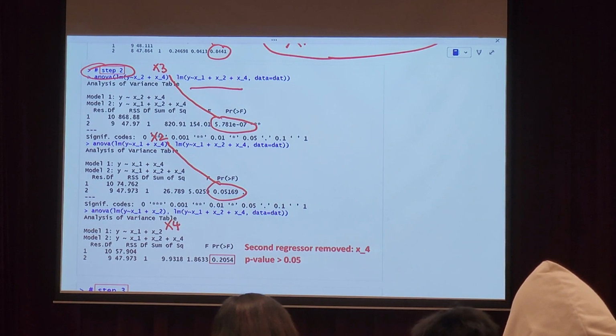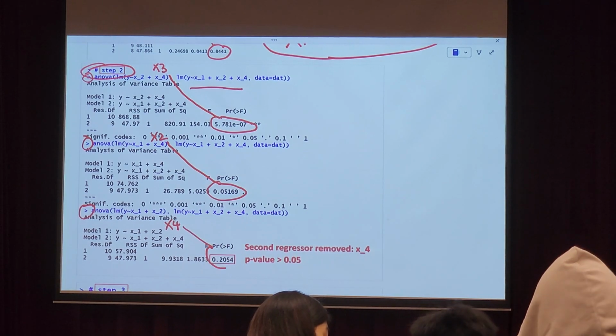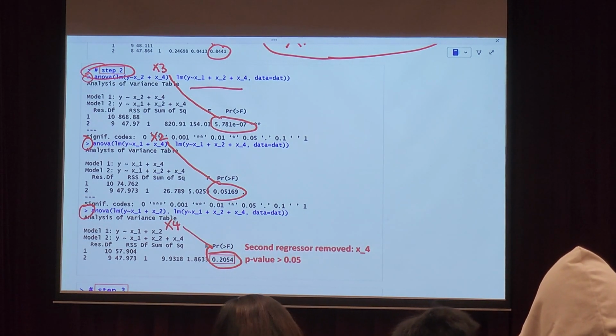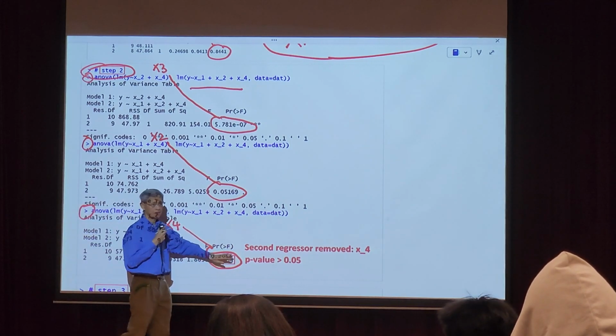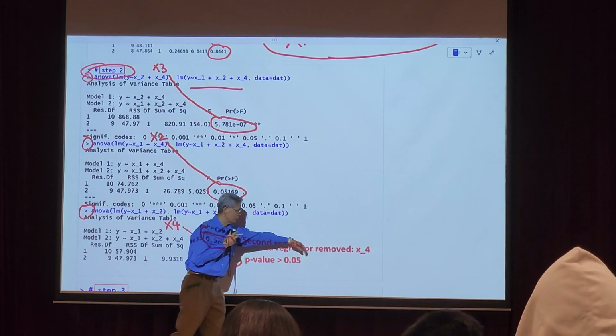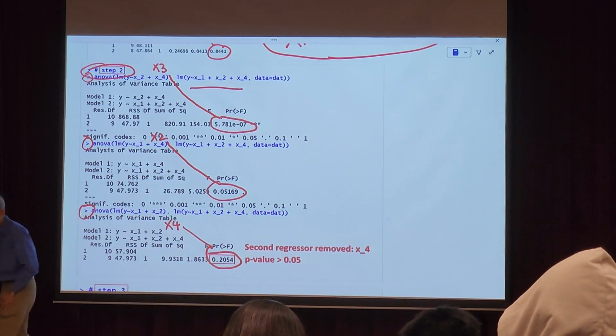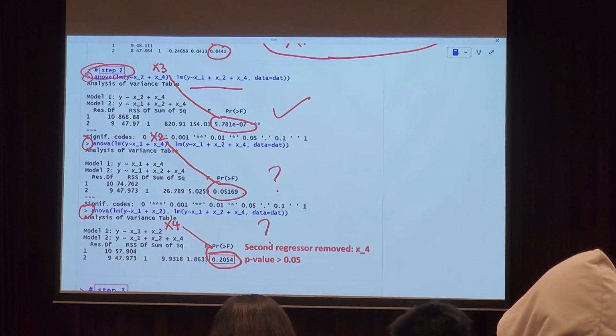Here, this model has x3, x2, x4, and x4 produces the biggest p-value. Yeah, x4 produces the largest p-value, so we should remove this one. It's either this or this, but the one that is the largest will be removed.